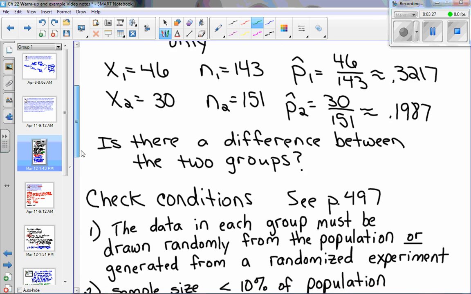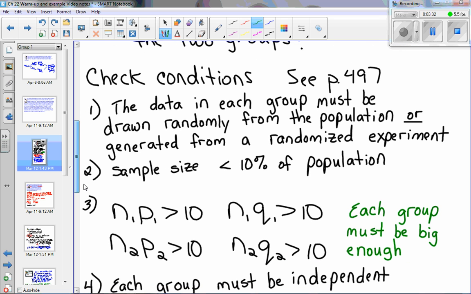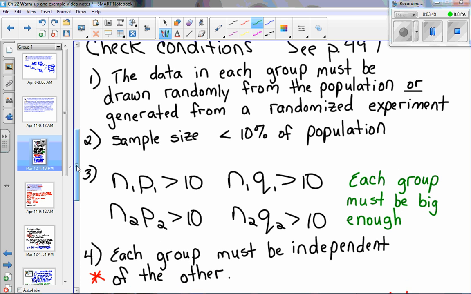Now, I need to check some conditions, and these are in your textbook on page 497. The first condition is that the data in each group must be drawn randomly from the population or generated from a randomized experiment. So it's important that we still have that randomization. The second thing is the sample size has to be less than 10% of the population.